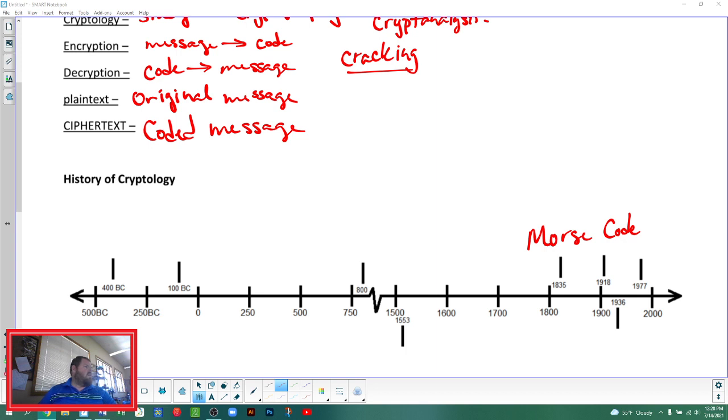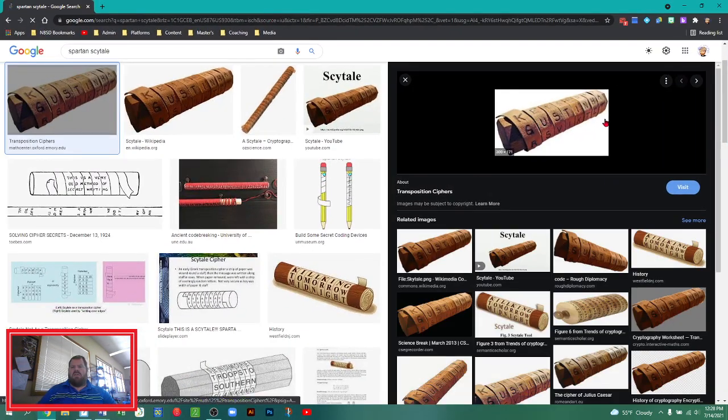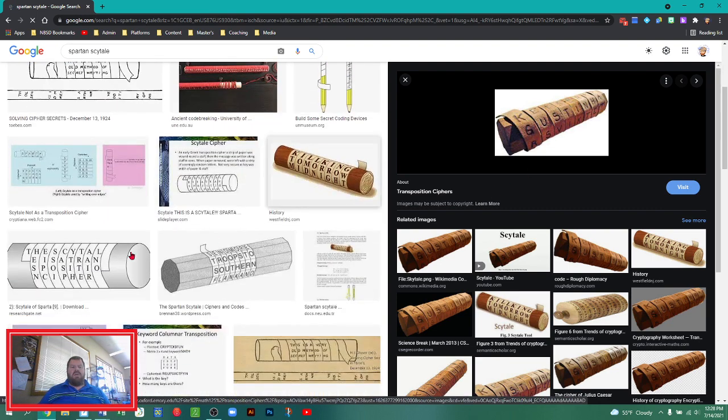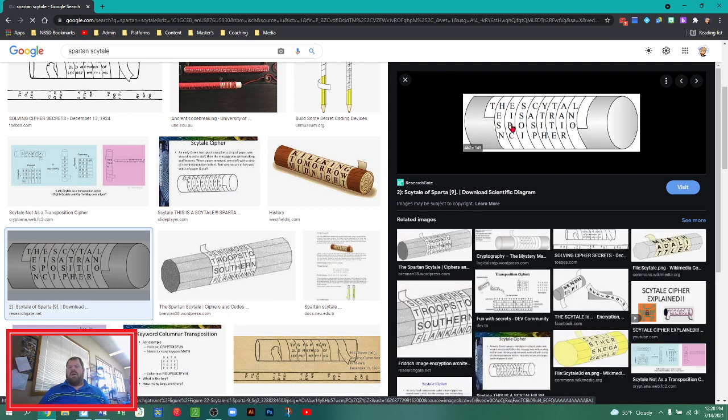The Spartans used this a lot. It's called a scytale, and it's a style of cipher where what somebody sees is just a strip of paper or a strip of leather most of the time. But when you wrap it around a certain sized object, words start to form.